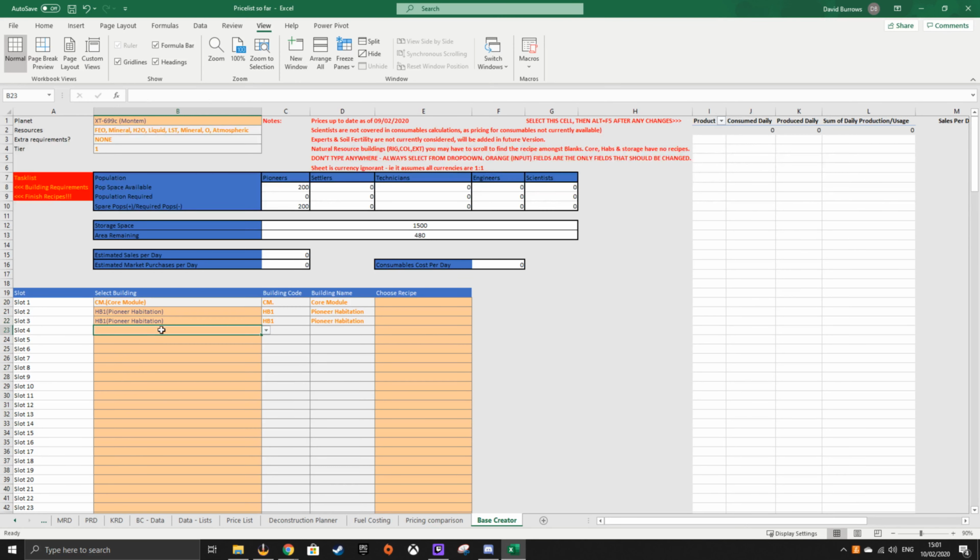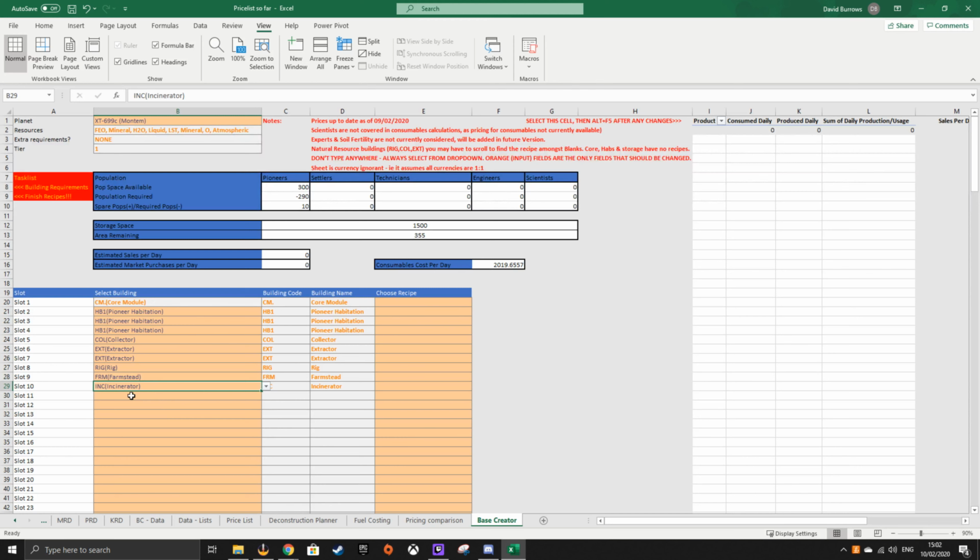a basic base, so let's just have a little starter base with 300 pioneers. We'll get a couple of collectors in. We'll just have one collector, get a couple of extractors in. A rig for the water, then we'll have a farmstead to get some carbon producing.